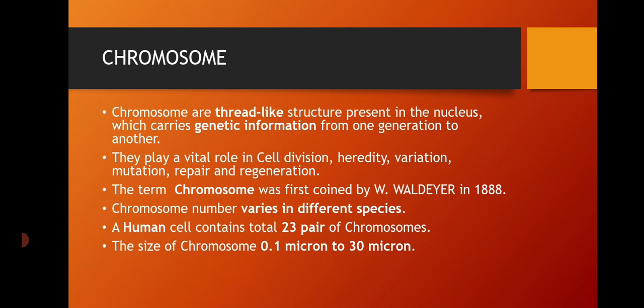The length of a human chromosome varies from 4 micron to 6 micron. But giant chromosomes vary in length and diameter. For example, lampbrush chromosomes in the oocyte of amphibians may reach up to 800 microns. Karyotyping is a technique to study the structure of chromosomes present in a species.